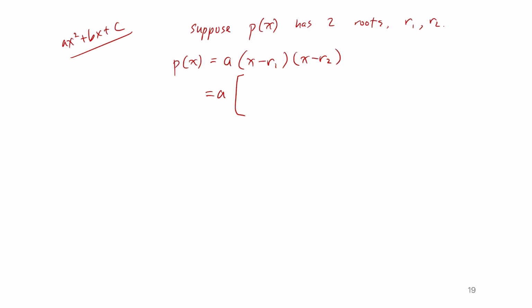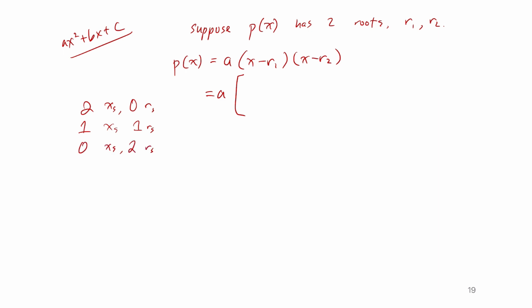I know every term in this output will be a product of one thing from the first parentheses times another thing from the second parentheses, right? And so there's three cases, right? I could choose 2 x's and 0 of the r's. I could choose 1 of the x's and 1 of the r's, or none of the x's and 2 r's.